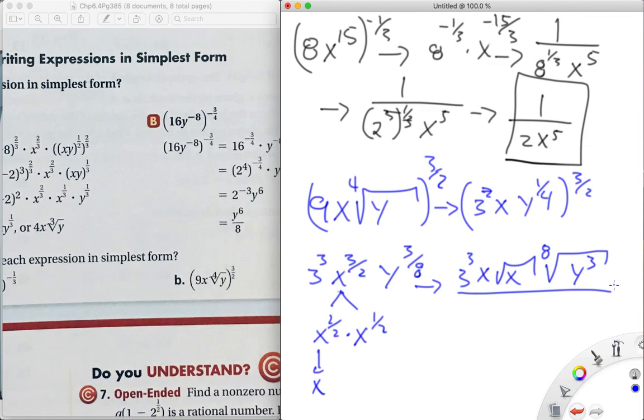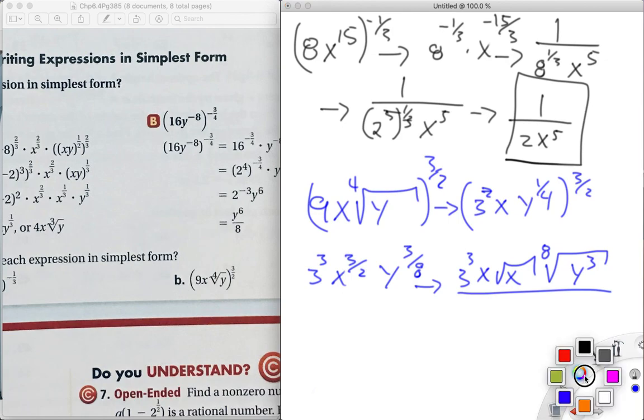They don't want 2 different radicals. They want it under one big radical roof. So another way of doing it, and the way that the book wants you to do it, is to say, okay, 3 to the 3rd is 27. So we have 27. This has a 3/8.